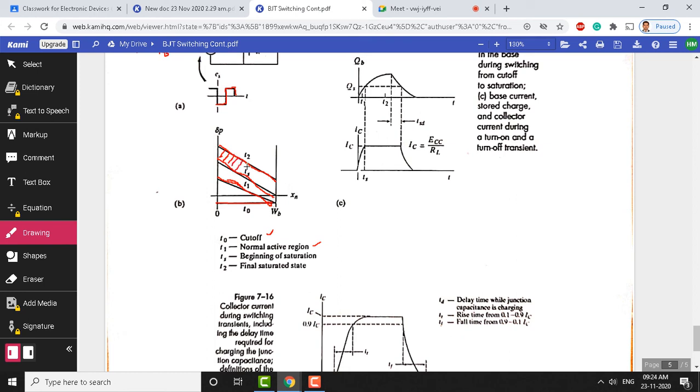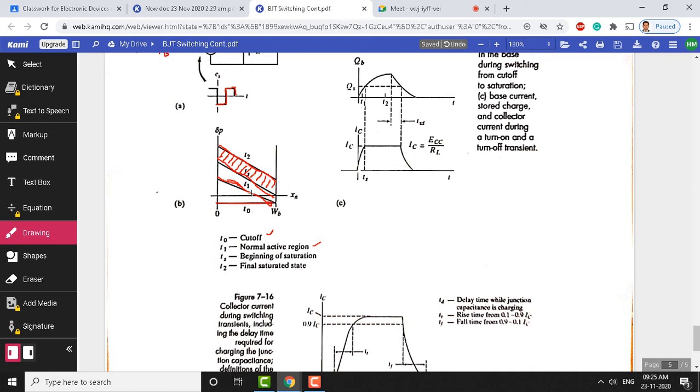Just now we showed this, right? So Ts is the commencement of saturation, and T2 means the device is oversaturated, the final state of saturation. These are the various hole distribution graphs which we are showing with reference to the timing here.